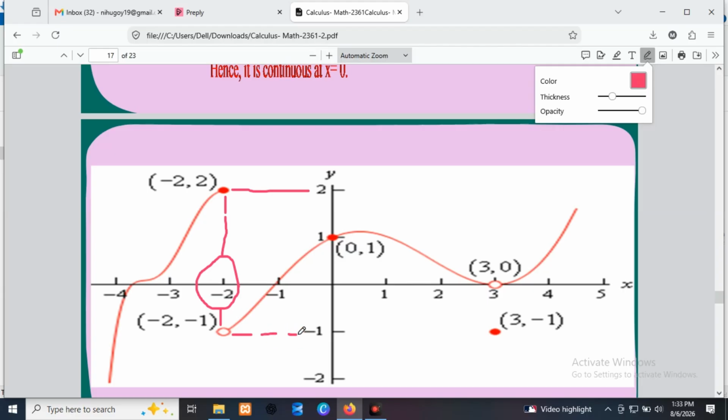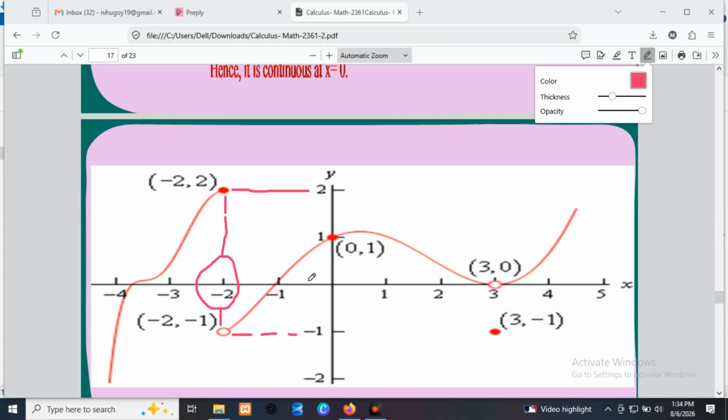In short, you can conclude now that automatically this graph is not continuous at minus 2. Why? Because looking upward and downward gives different or distinct values. Sometimes 2, sometimes minus 1. This tells you the limit does not exist, or indirectly, the right and left limits are automatically different.